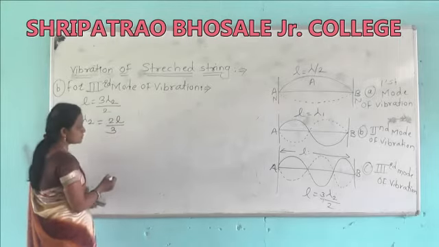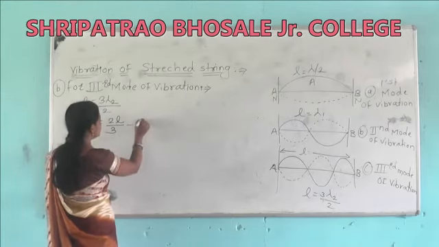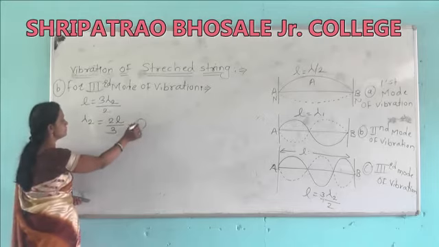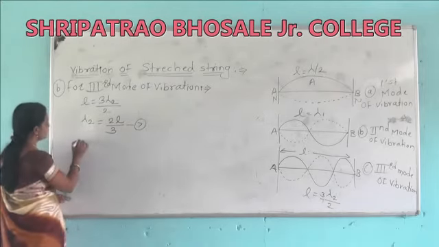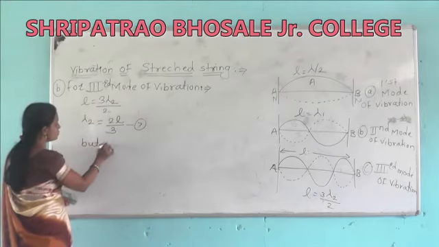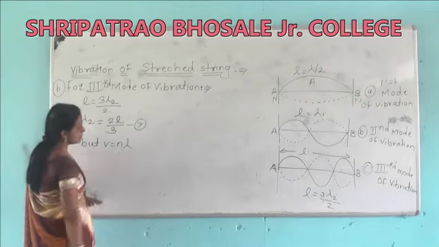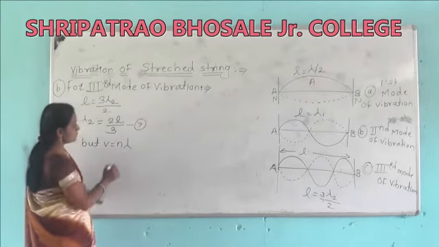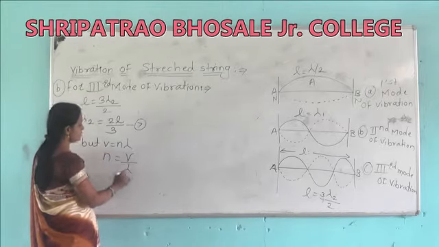Say this equation number 7. V is equal to N lambda, so N is equal to V by lambda.